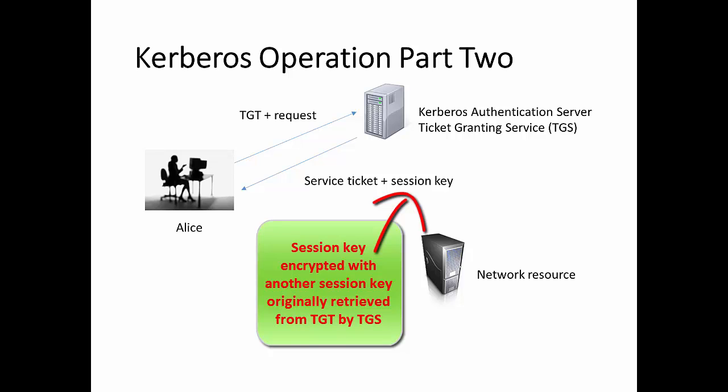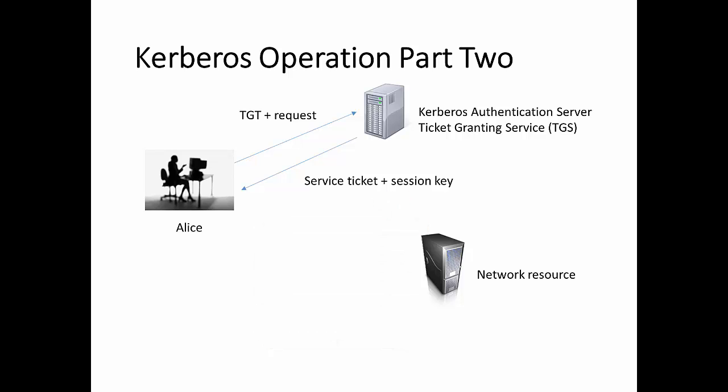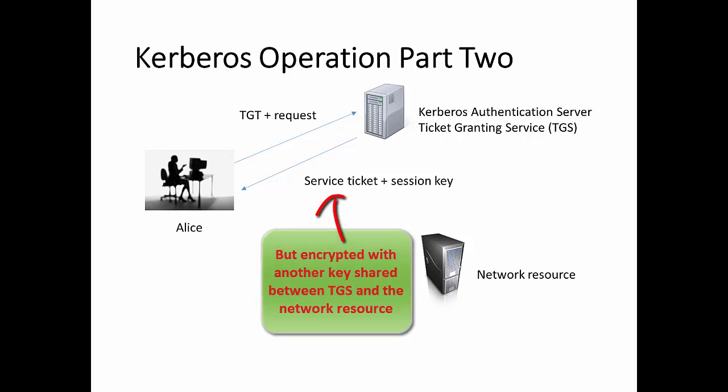So when the session key is sent back to Alice, it is encrypted, and the service ticket that's going to be used to get a service from a network resource, as you see here, is not encrypted.